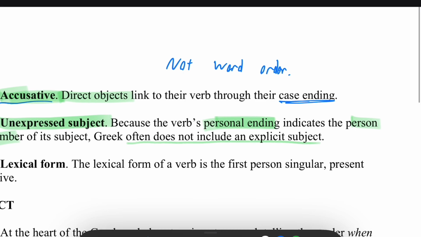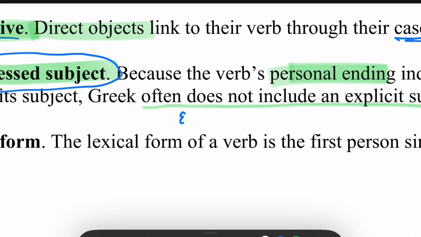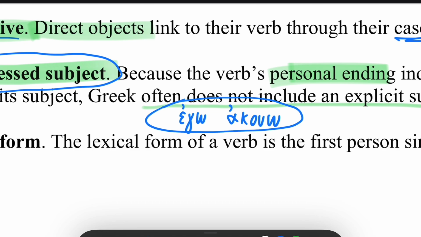Now, because of this idea of an unexpressed subject, if I encounter something like ego akuo, I know that the verb is already telling me everything I need to know, which means this, ego, is functioning as bonus material, really.